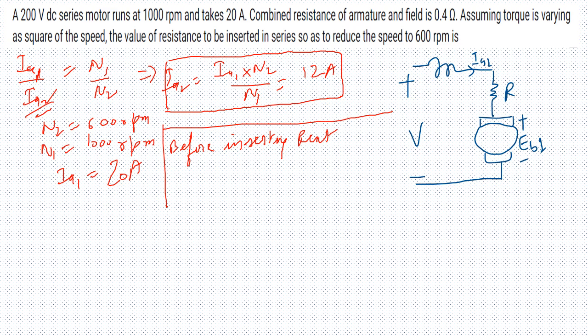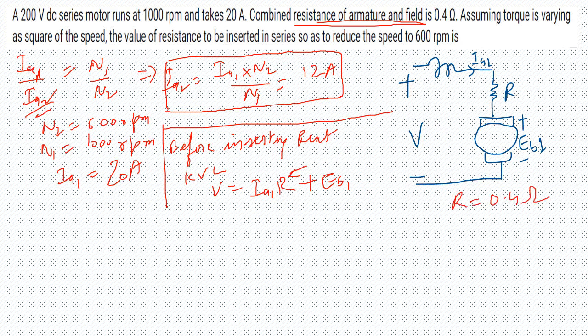Now we can write the KVL: V equals IA1 into R plus EB1, where R is the resistance of the armature plus the field, which is 0.4 ohms.